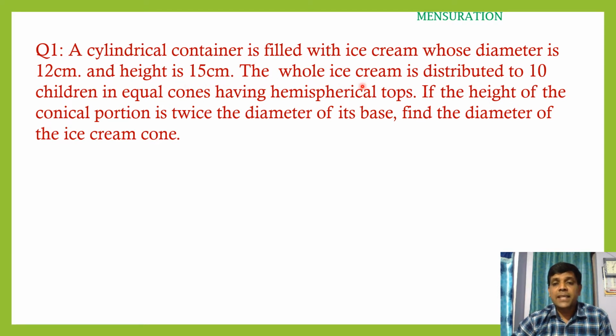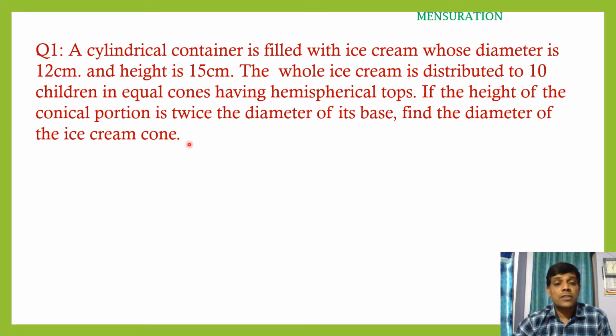The whole ice cream is distributed to 10 children in equal cones having hemispherical tops. If the height of the conical portion is twice the diameter of its base, find the diameter of the ice cream cone.